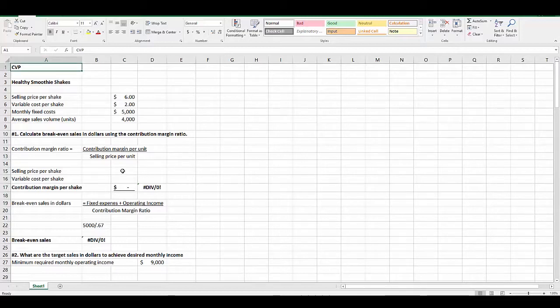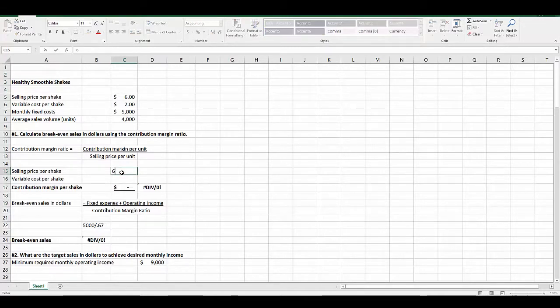So we are told here our selling price is, wrong spot. Here we go. Our selling price is $6. And we're told that our variable cost per shake is $2. We'll enter that in. So that means the contribution margin per shake in dollars is $4. Now what we're asked to do is the ratio.